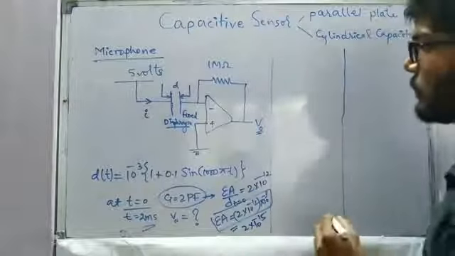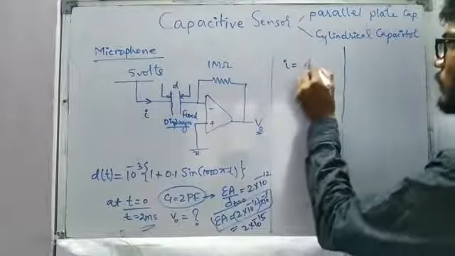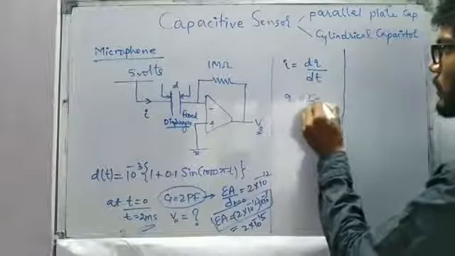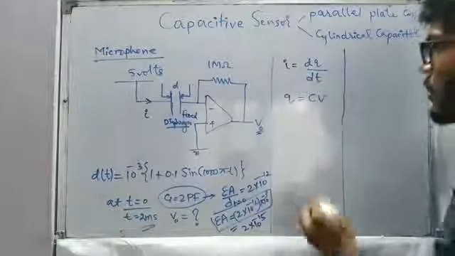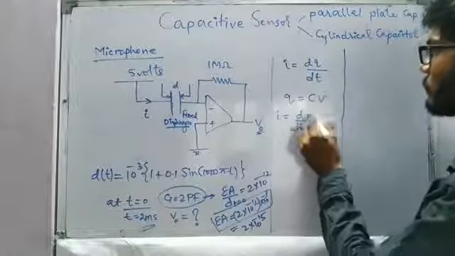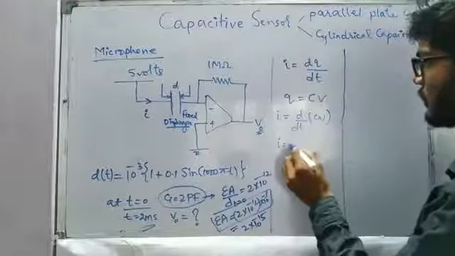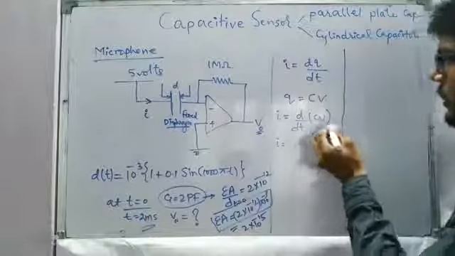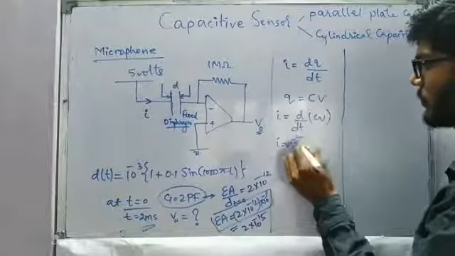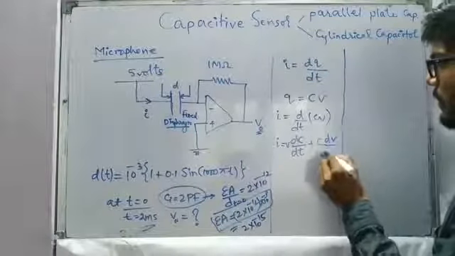Now the current is given as I is equal to dq by dt, and q we write as q is equal to cv. So put the value of q as cv, and let's differentiate it. First differentiate the capacitance: dc by dt, with voltage outside, plus c into dv by dt.